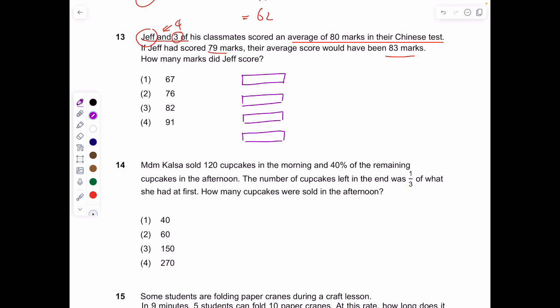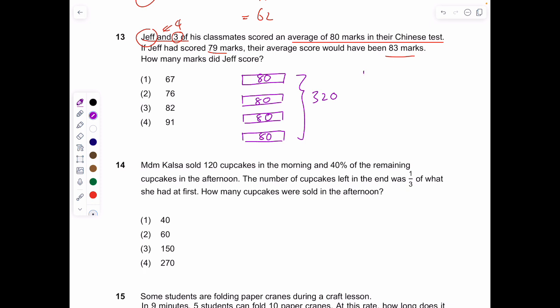So at first, we know that the average of Jeff and his friends is 80. So the total marks scored here is actually 320. Now, the second scenario tells you that if he scored 79 marks, the average score would have been 83.